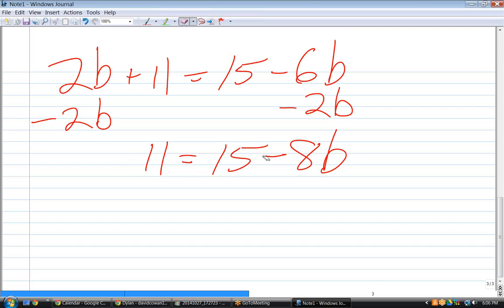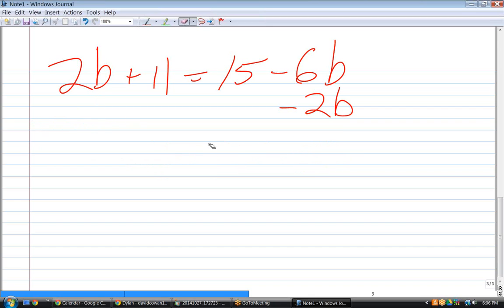There's absolutely nothing wrong with doing it this way. You're going to come up with the correct answer. But whenever negatives are unnecessarily introduced, it results in more mistakes. People make more mistakes. So if you have a choice on how to do this problem, let's move the 6b from the right to the left, because what's going to result when we do that?